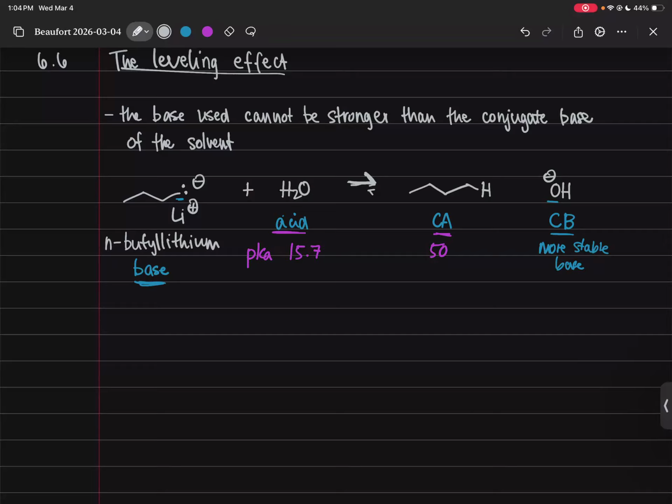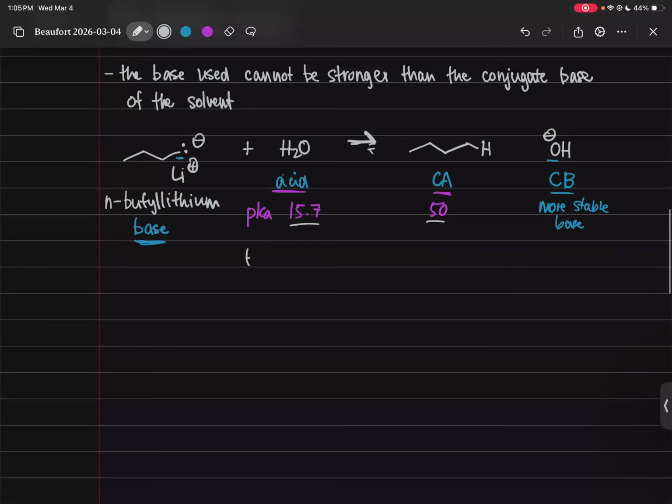It's extremely violent because the pKa's are so different: 15.7 to 50 means butane is a bazillion times weaker acid than water. So if we do this, the base reacts with the solvent, and that's no good for our reaction.